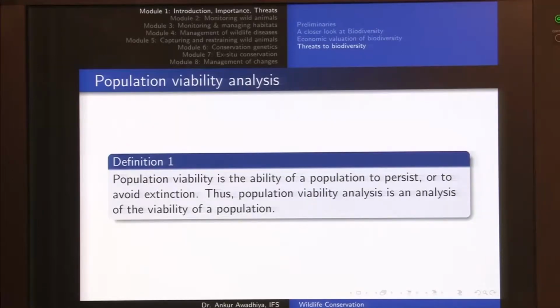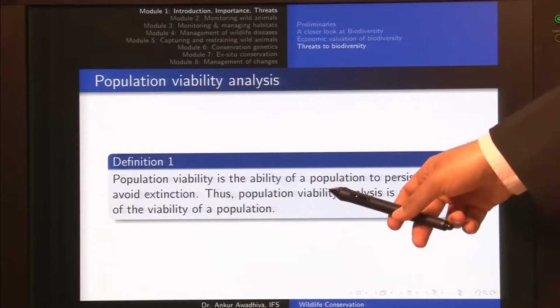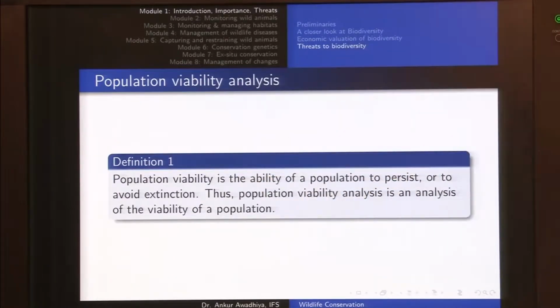So, this technique tries to find out whether a population is going to persist or whether it will become extinct in the next n years. So, for instance, we can compute whether in the next 100 years this population will survive or become extinct.